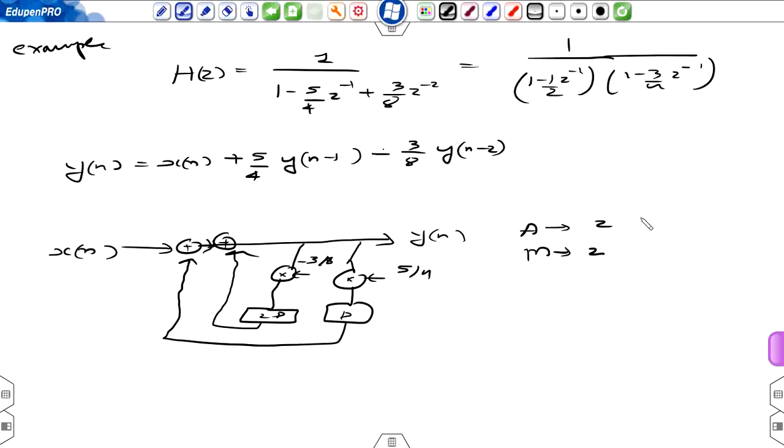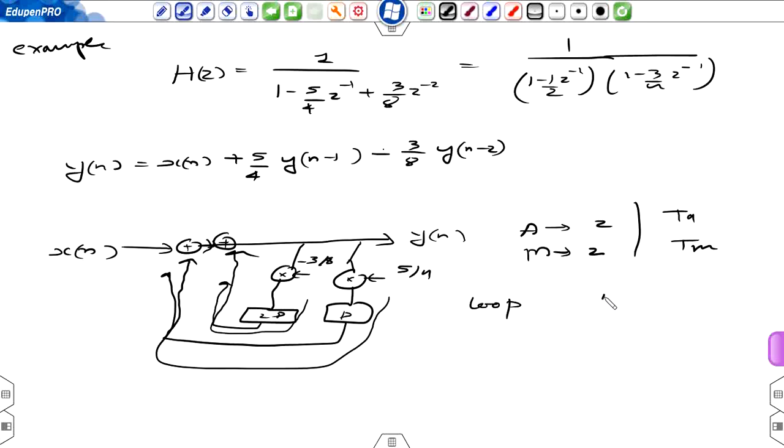Okay, and let the computation times be Ta and Tm. So this has two loops. This is loop 1 and this is loop 2.